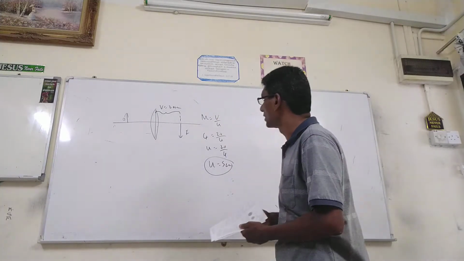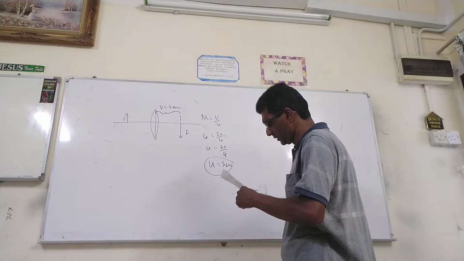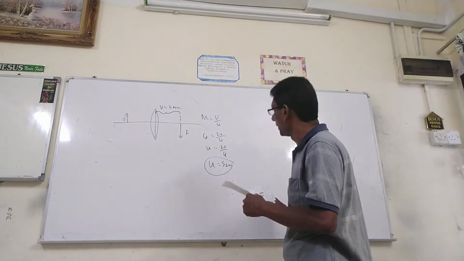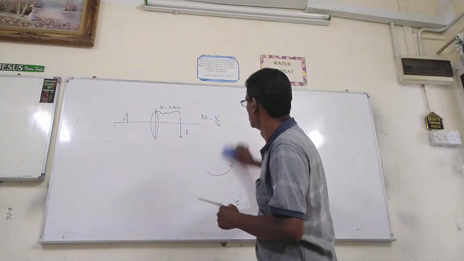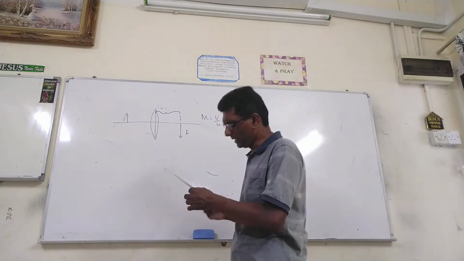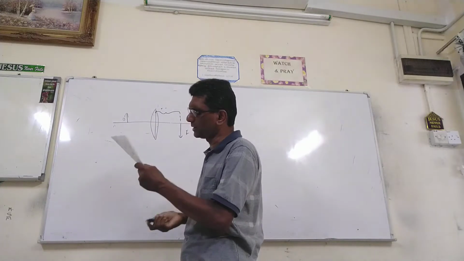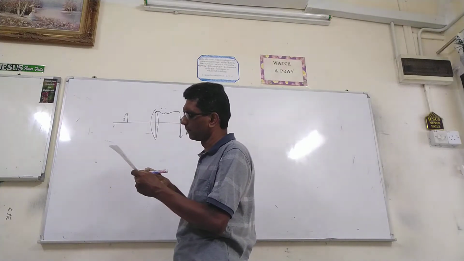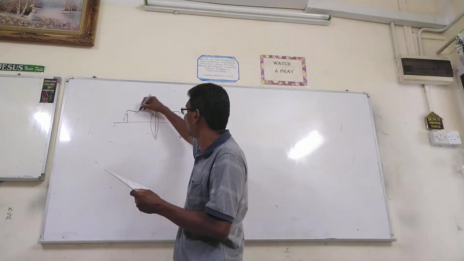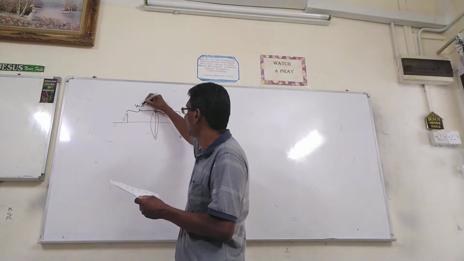For this question, the object distance they give: u equals 8 cm.